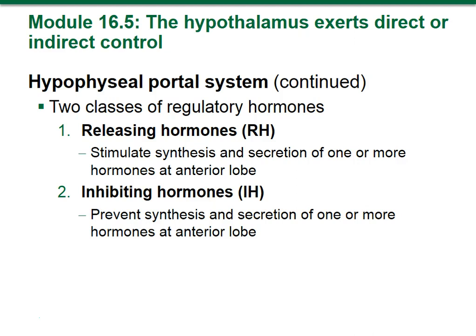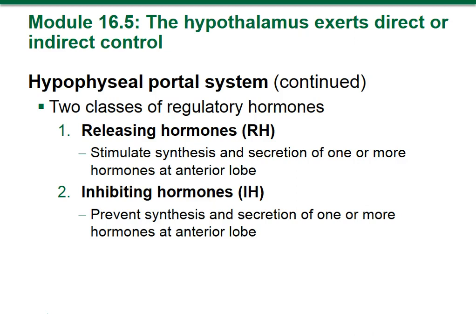Okay, so the hypothalamus, one of the ways it regulates is by releasing regulatory hormones. And they are either releasing hormones or inhibiting hormones. In the case of releasing hormones, they're stimulatory. They stimulate production or synthesis and secretion of certain hormones by the anterior pituitary. So the releasing hormones stimulate synthesis and secretion of hormones by the anterior pituitary gland.